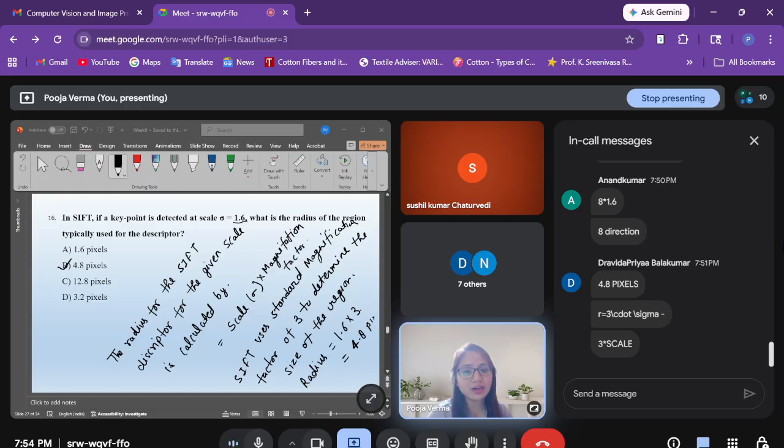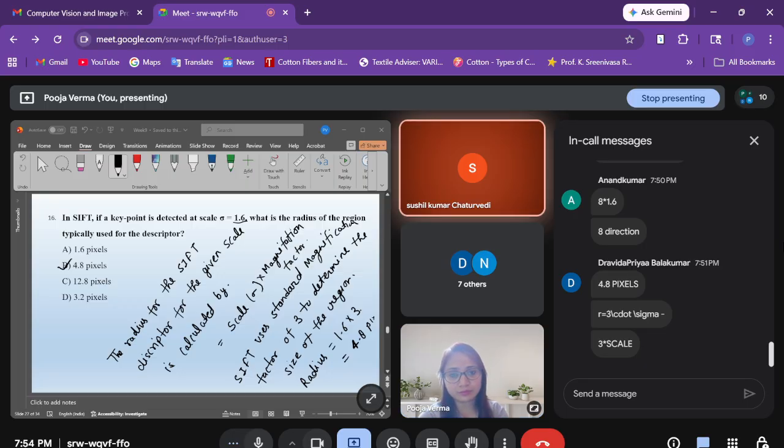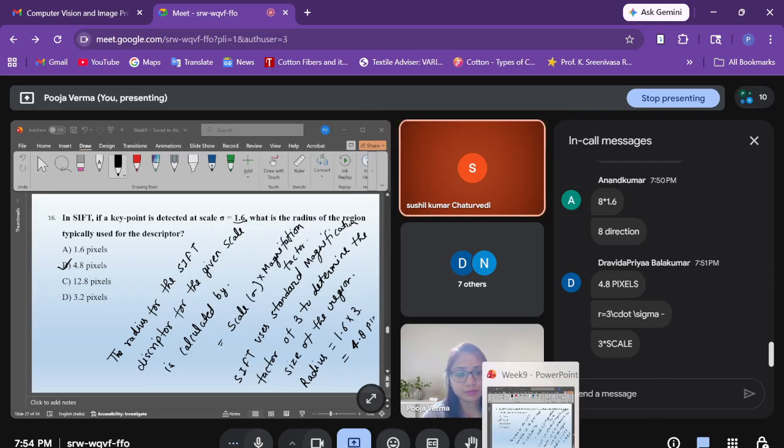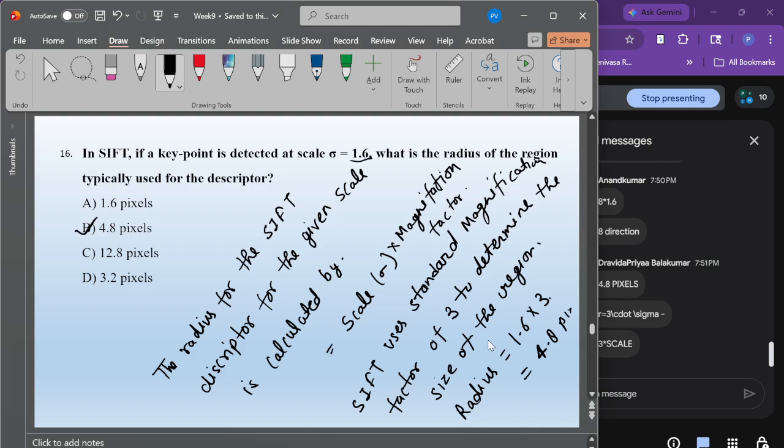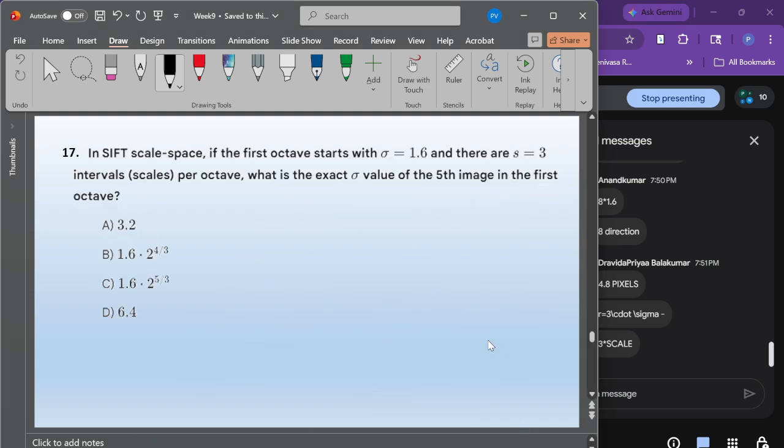It is a standard magnification factor that is used to determine the size of the region. So anything else to see? Okay, now moving to our next question.